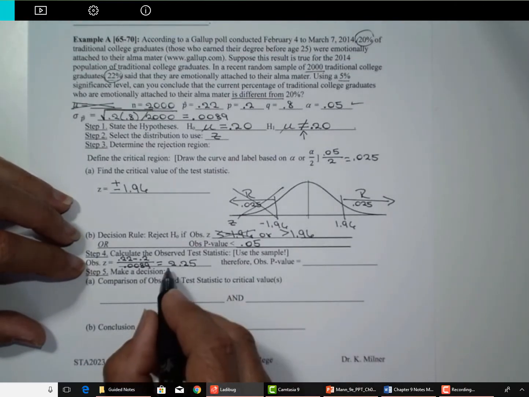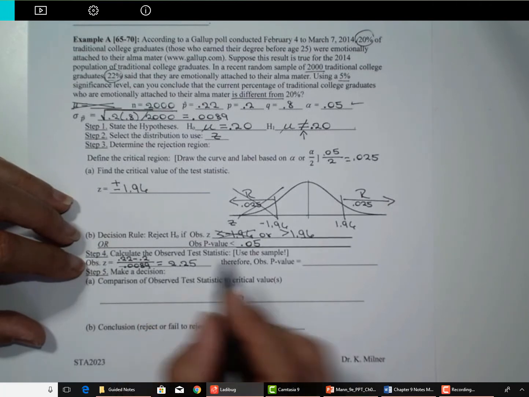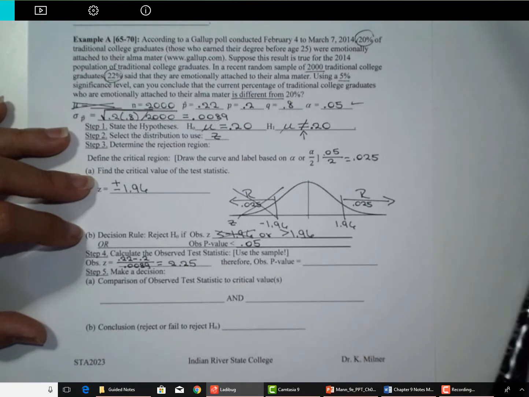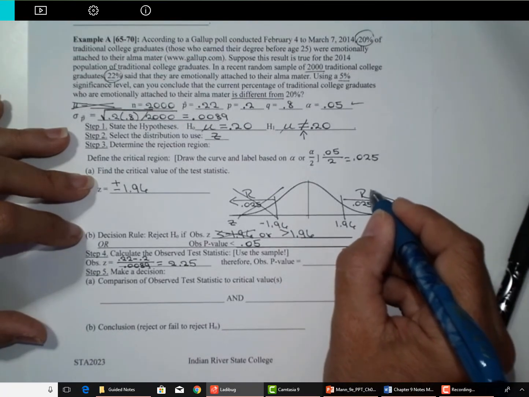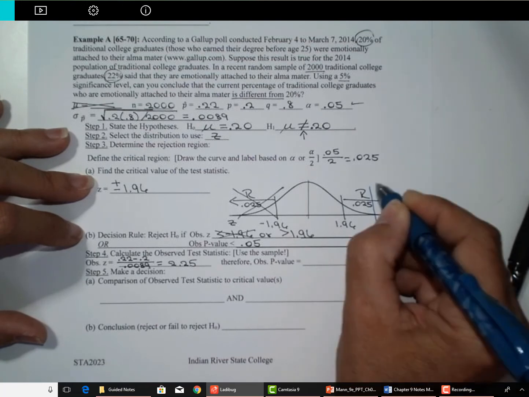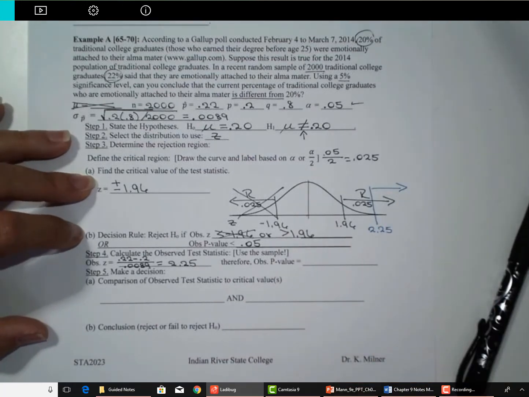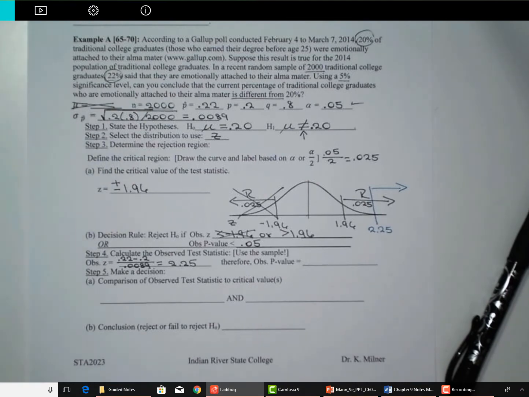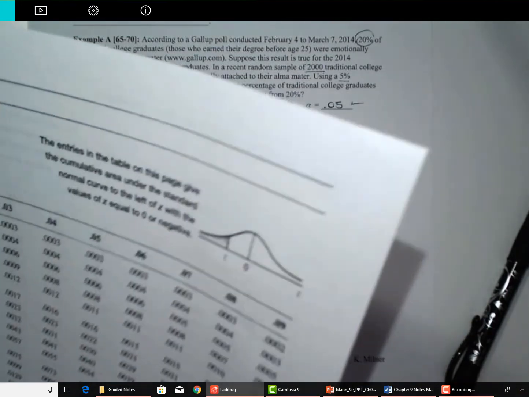Also, I end up with an observed z value for this positive z. Well, now where is my positive z? It's over here somewhere, isn't it? The one that I observed is 2.25. Here it is. I can already tell that it's falling into the rejection region, but I'm not sure, so I'm going to double check myself every step of the way. Where is 2.25?